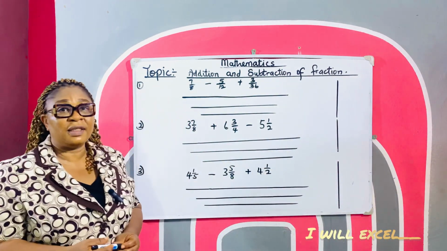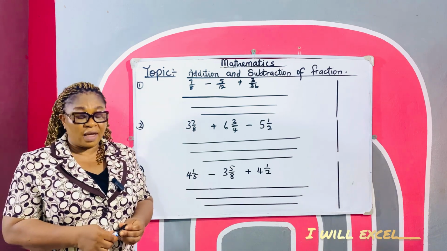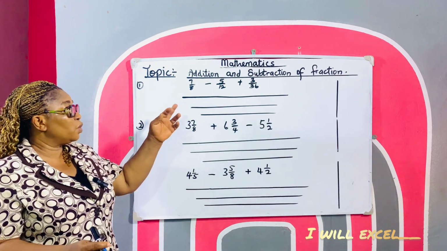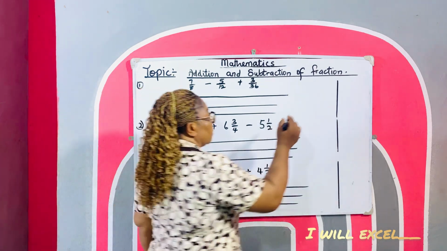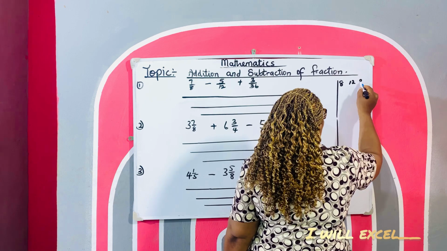Okay, I told you that the first thing we are going to do as we come into this type of work is to find the LCM. So the LCM of 8, 12, and 36.